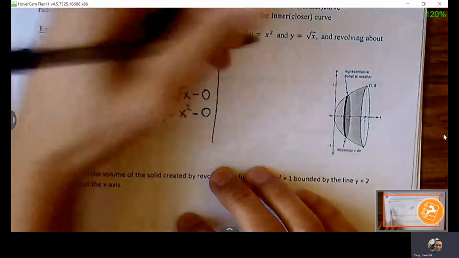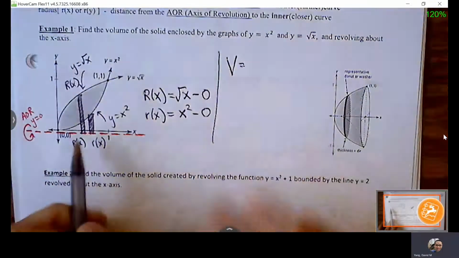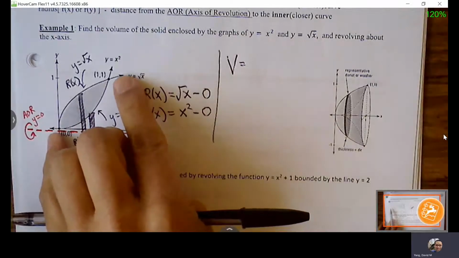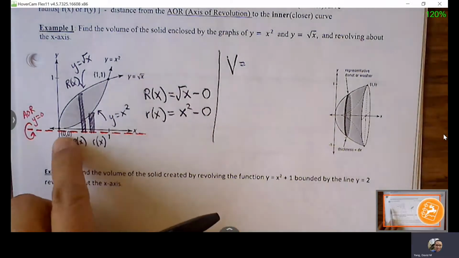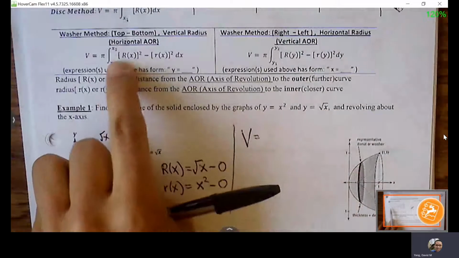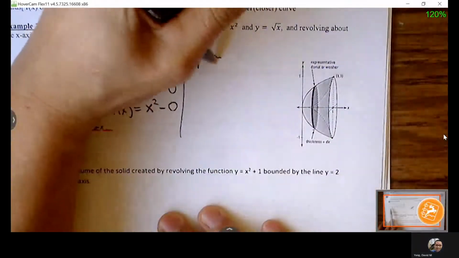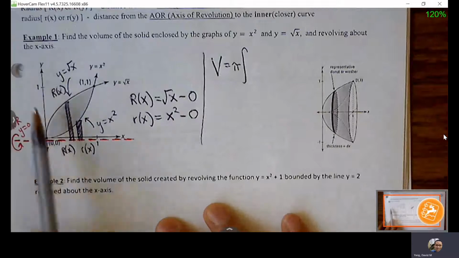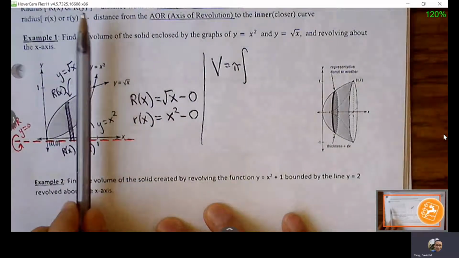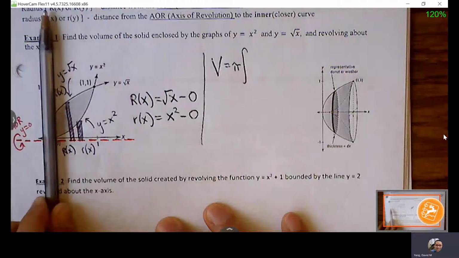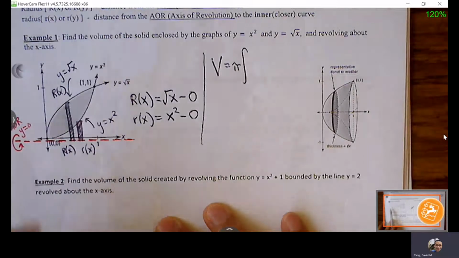Okay, we should be ready for our volume formula. Typically, we would have to set the equations equal to each other and find the intersection points, but the graph is showing that to us. And if we want to do top minus bottom, our bounds are in terms of x. So let's build our bounds here. Our bounds are from where to where? We're stacking these circular rings from one end to the other, from the left endpoint to the right endpoint.